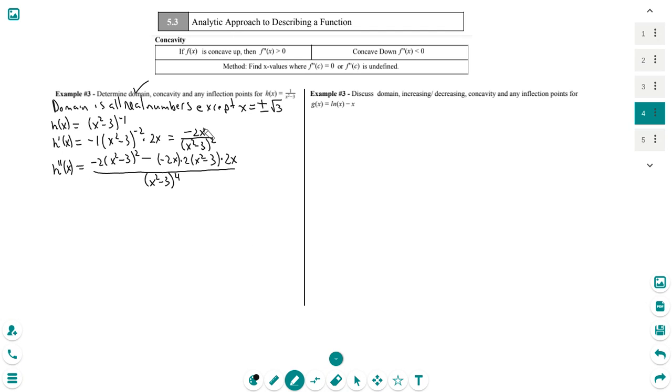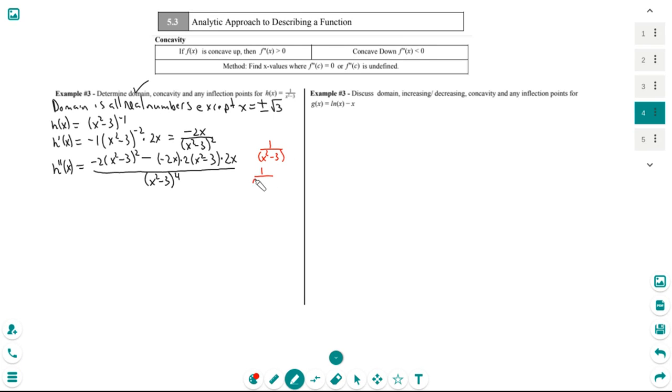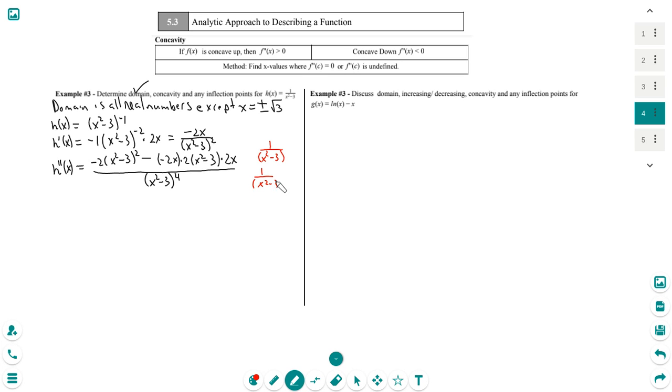And I'm going to start to do some simplifying. I do notice that all three of these terms, so this first term has an x squared minus 3 factor, the second term has an x squared minus 3 factor, and the denominator has an x squared minus 3 factor. So I am going to divide the numerator and the denominator, or multiply by 1 over x squared minus 3, and distribute that.